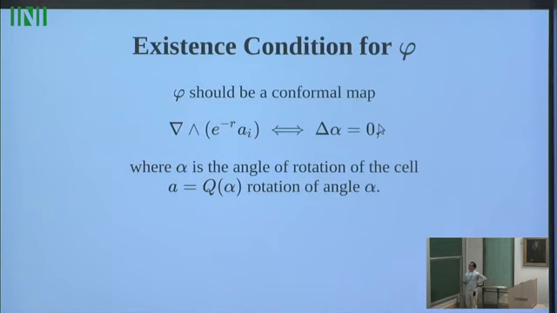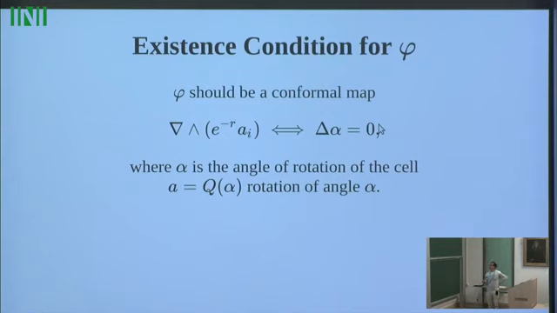If you look a little bit at the previous equation, if phi 1 and phi 2 are the coordinates of phi, you should have that the gradient of phi 1 should be equal to exponential minus r times a1, and the same thing should be true for phi 2.